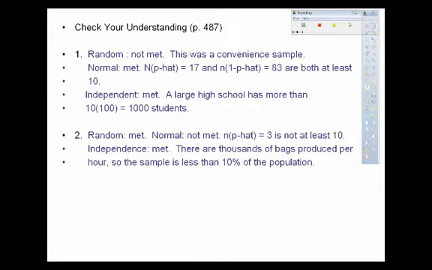Random, met. Yeah, that's random. Normal, not met. Okay, because n times p hat equals 3, and that's not at least 10. Independence, met. Yeah, there's thousands of bags produced per hour, so the sample is less than 10% of the population. All righty, let's move on.